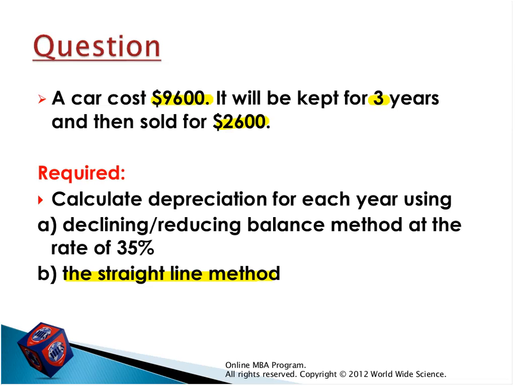What about the declining reducing balance method, which is already giving you the depreciation rate of 35%? Anyone want to show the calculation for 3 years only? You have to make the calculation for 3 years to show me how much depreciation cost you get from the first year, the second, and the third year.